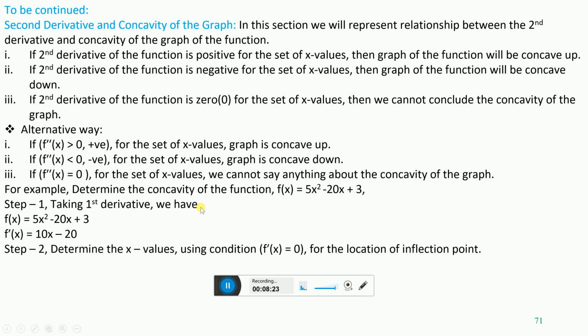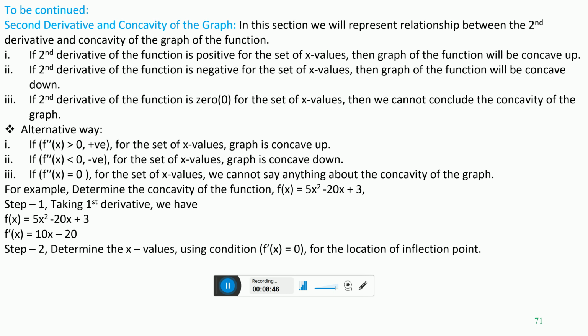Dear students, I am again repeating to avoid confusion. The question is to determine the concavity of this function, but we do not have x values. Before this we learned how we can examine concavity. We can examine concavity by checking the first derivative or second derivative.